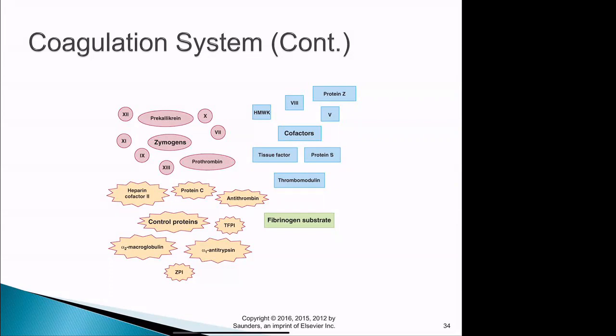That's why we have control proteins controlling these factors, so clotting doesn't occur all the time. The formation of a fibrin clot requires a series of enzymatic reactions involving your coagulation factors. What you're seeing are biochemical groupings of coagulation proteins: proteases, cofactors, and control proteins.